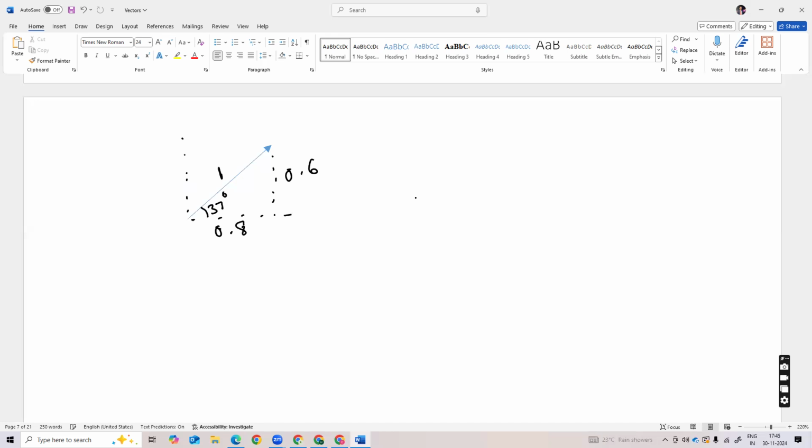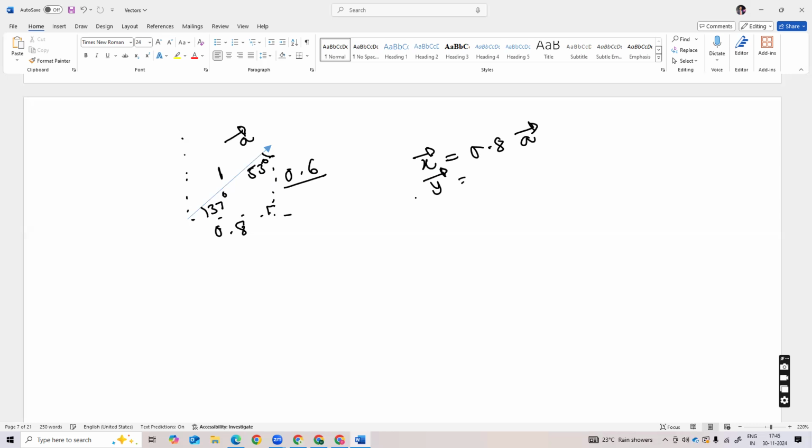So you should remember these values: for a 37, 53 and 90 degree triangle, if the hypotenuse is 1, the side opposite to 37 degrees is 0.6. Therefore, if this vector is vector a, then its x component is 0.8 a and its y component is 0.6 a.